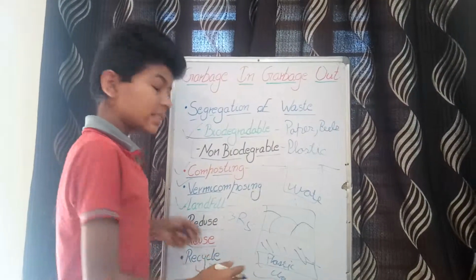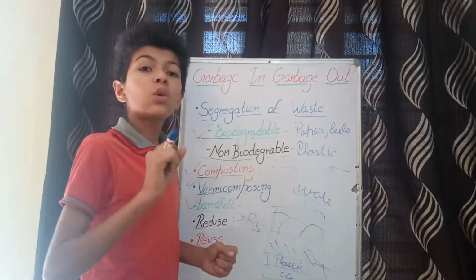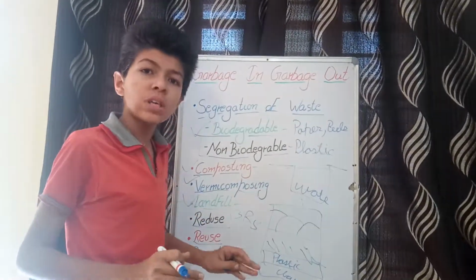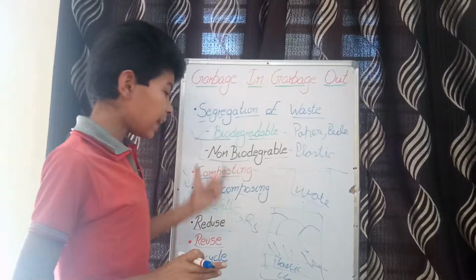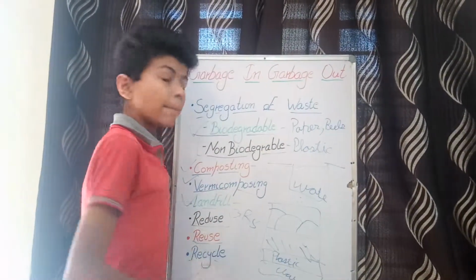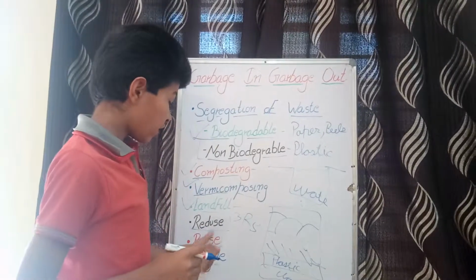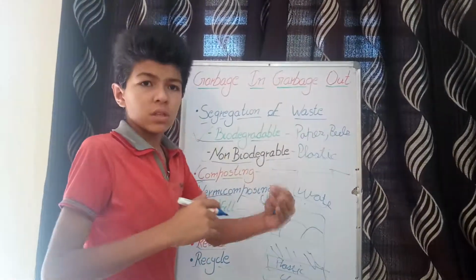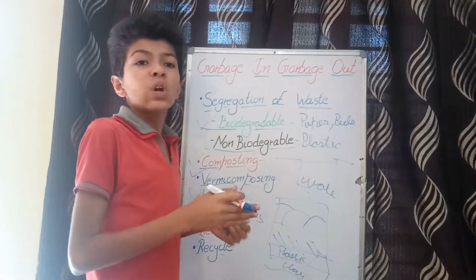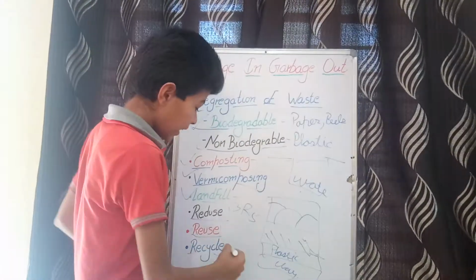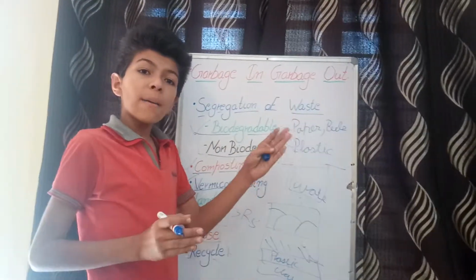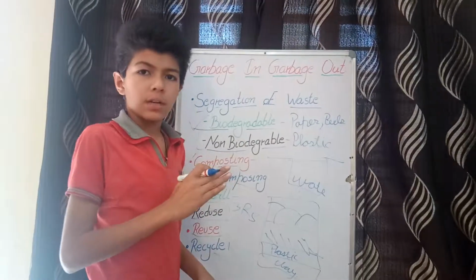Reduce means not to buy on impulse, to reduce the things that are non-biodegradable, like plastics. Reuse means to use again, like a plastic bag I have taken, which I can use for various other things. Recycle means to get a new product from the old product.